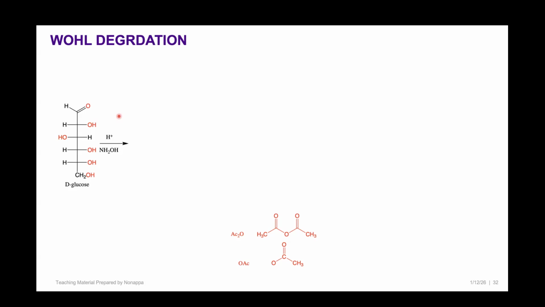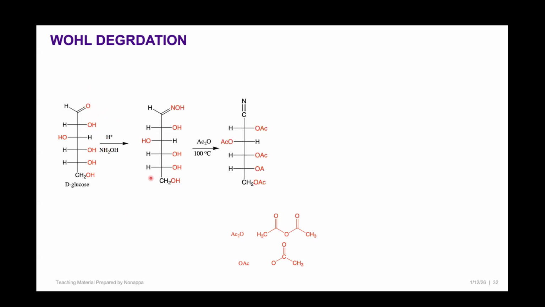One of the simple degradations is called Wohl degradation, where it involves treatment first with ammonium hydroxide. This will result in an oxime, and this can then be treated with acetic anhydride, as is shown in this structure. That is to protect this hydroxyl group when we do the next reaction.